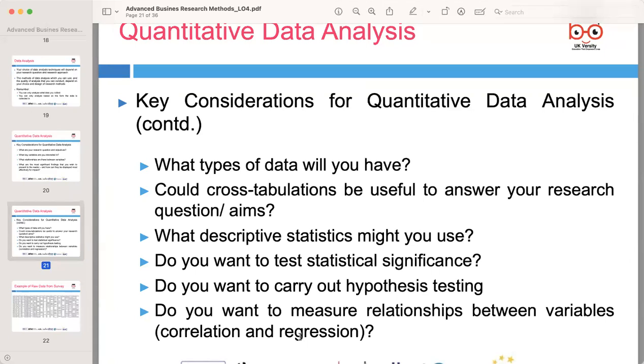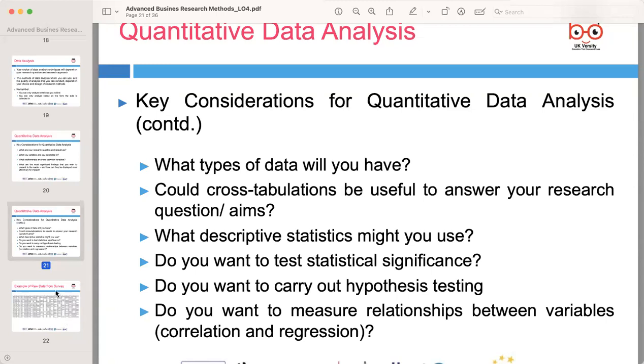So conducting quantitative data analysis involves considering the type of data, employing cross tabulations when applicable, using descriptive statistics to summarize the data, testing for statistical significance, conducting hypothesis testing, and exploring relationships between variables through correlations and regressions.